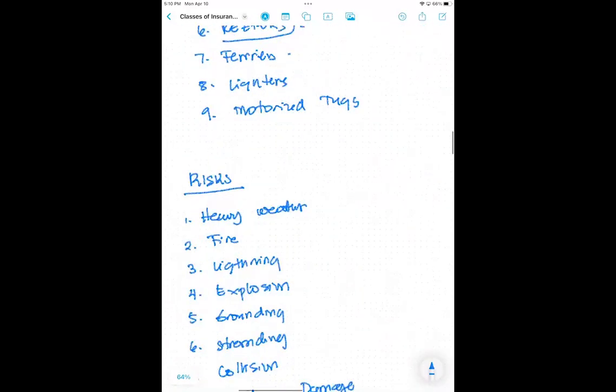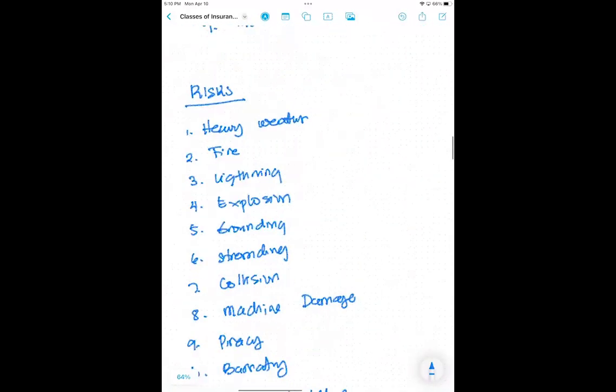Now, let's cover the risks. These are the risks that can be covered by marine insurance. So heavy weather, important, emphasize heavy.